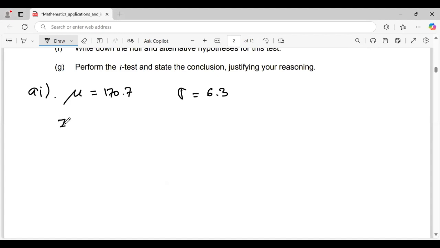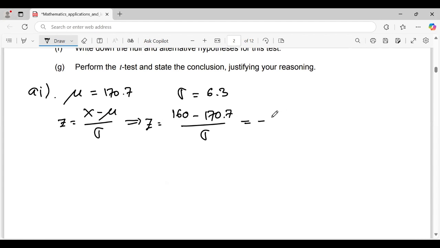Using this formula, z equals x minus mu over sigma, or z equals 160 minus 170.7 over 6.3. And the result is minus 1.69841. Round off becomes minus 1.698.